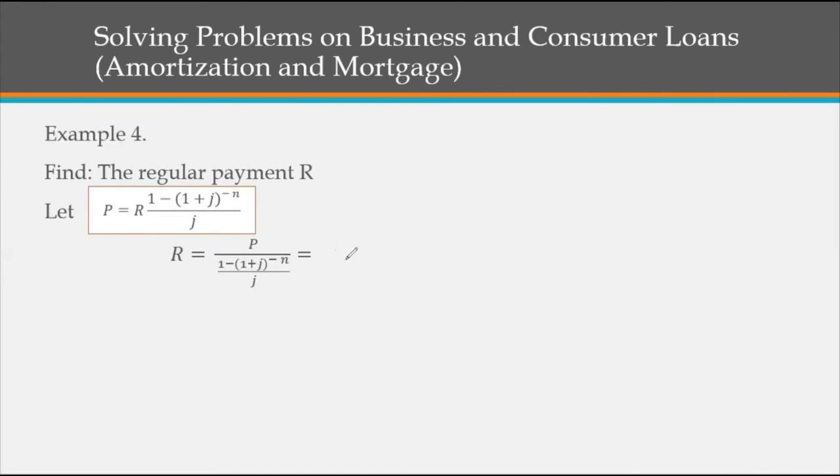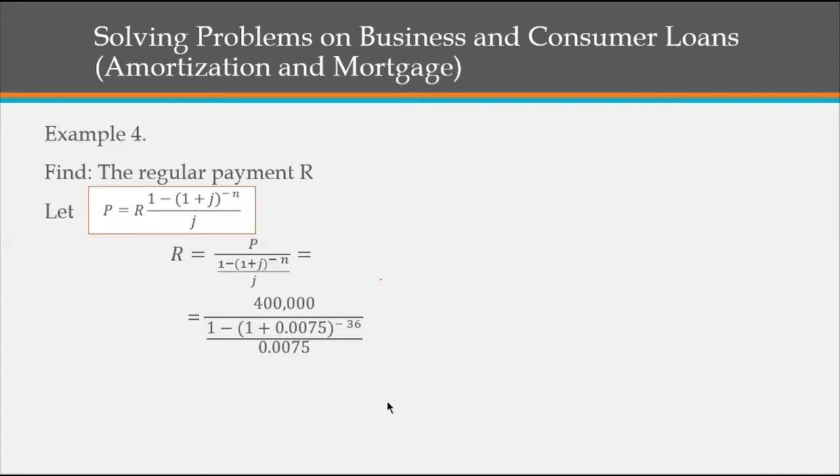Then, lagyan natin yung ating mga given sa information. Ang letter P natin ay 400,000 divided by 1 minus 1 plus letter J natin ay 0.0075 raised to, ang value ng N natin or yung period ay 36. So, we have raised to negative 36 all over 0.0075.